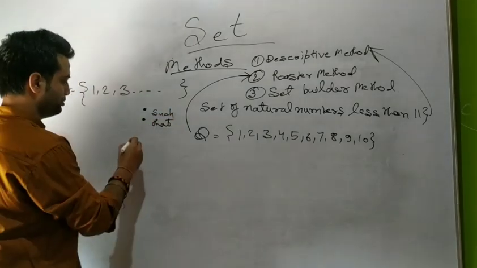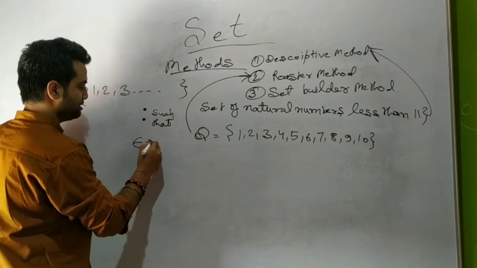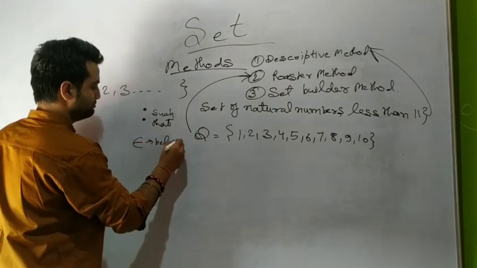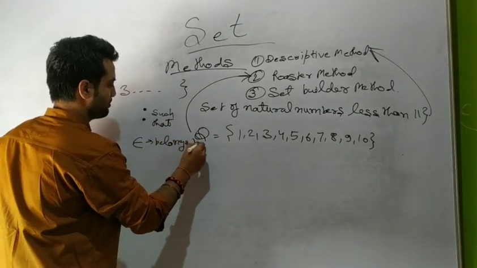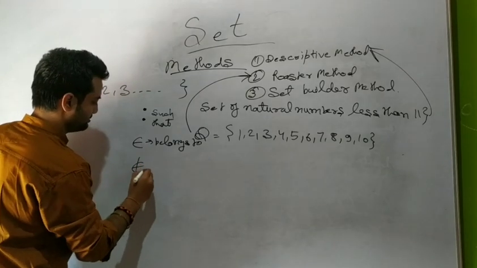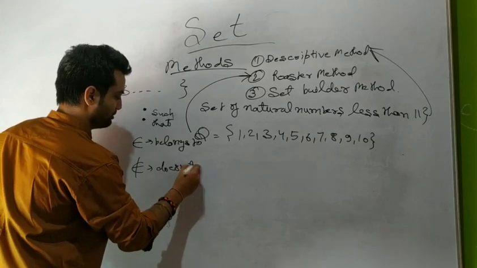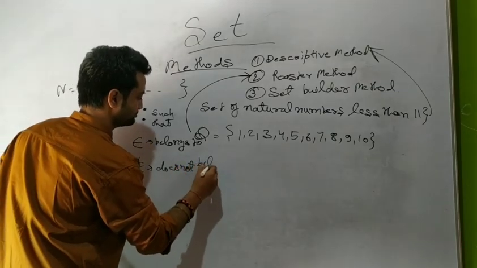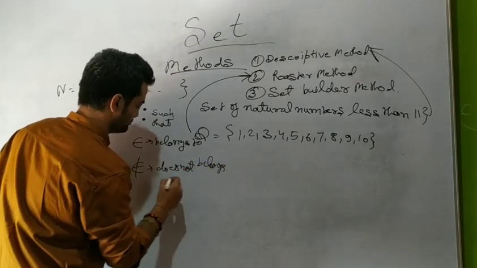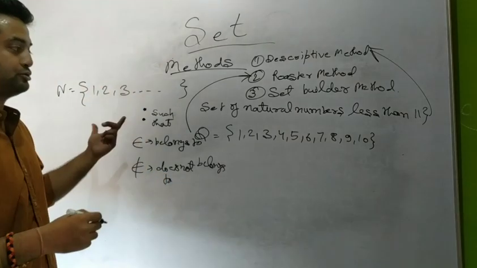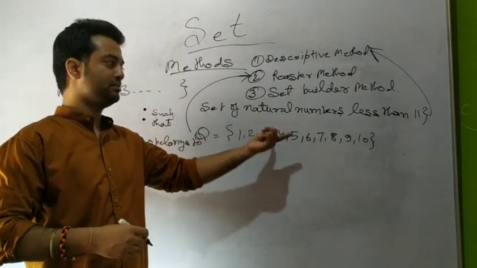And you remember this symbol: it means "belongs to". And this symbol means "does not belong to". Remember these symbols because we are going to use them in the set builder method.